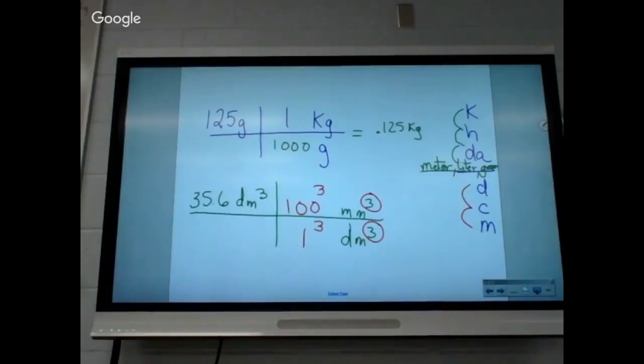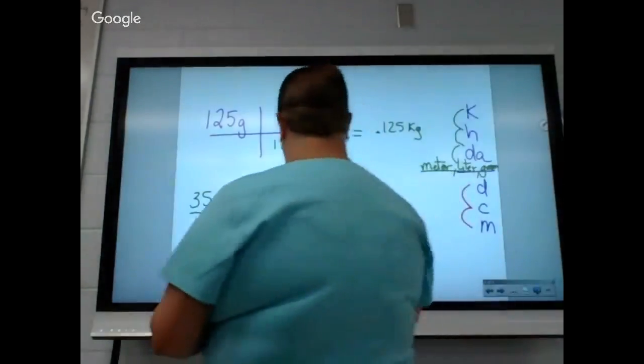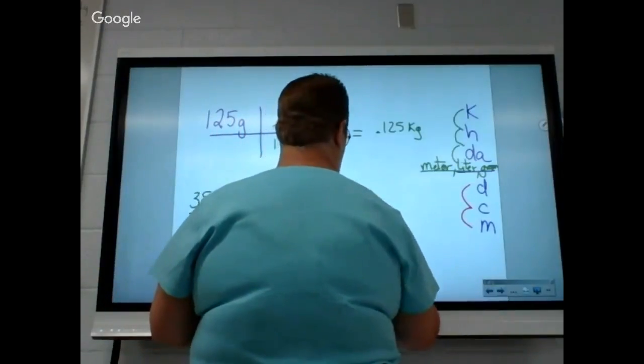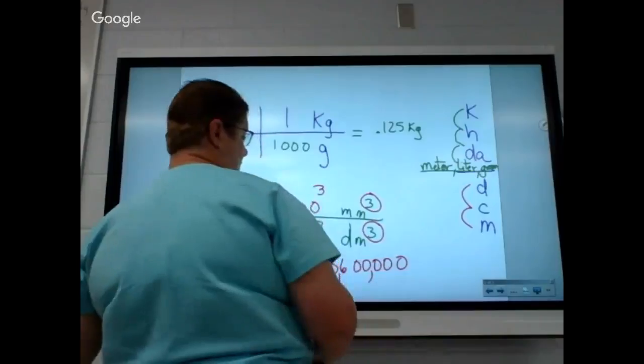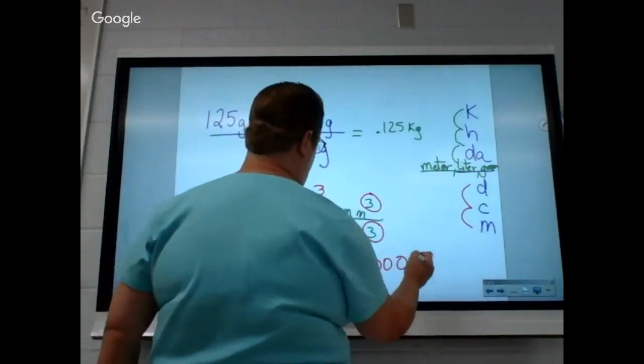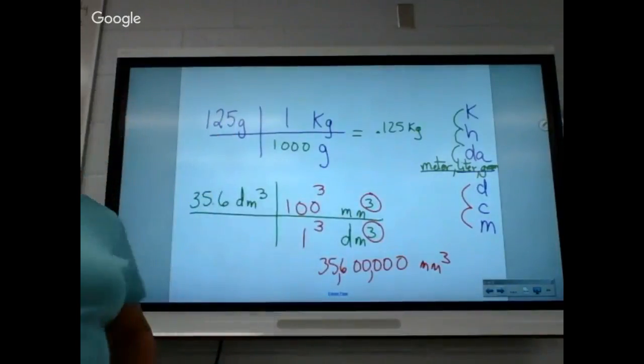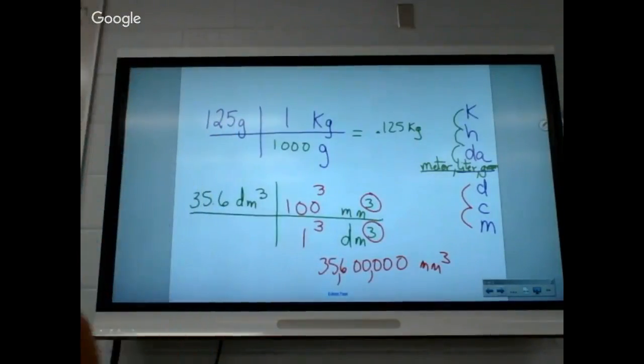All right, so if we say 35.6 times 100 raised to the third, we get an answer of 35,600,000 millimeters cubed. Everybody okay with that? I think I counted all the zeros right on the calculator.